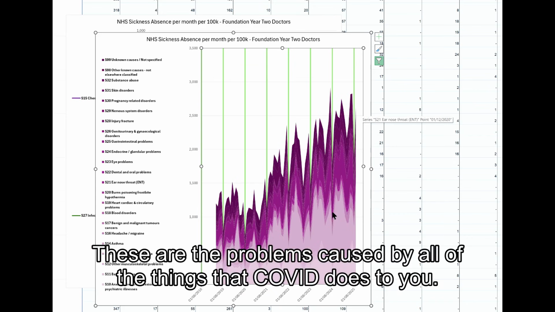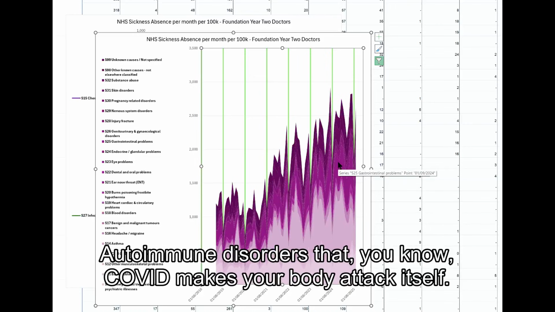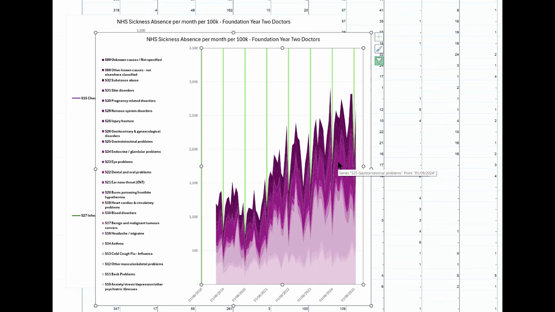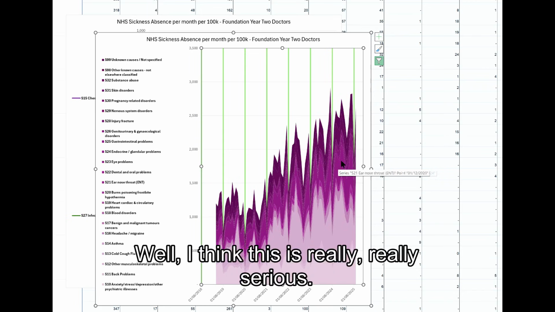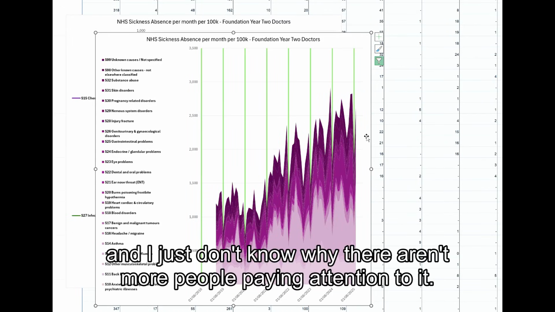These are the problems caused by all of the things that COVID does to you. Autoimmune disorders, COVID makes your body attack itself. Oh, well, this is really, really serious. And I just don't know why there aren't more people paying attention to it.